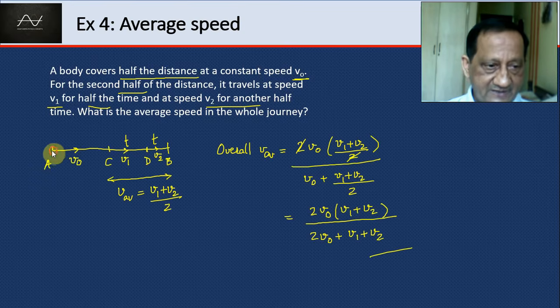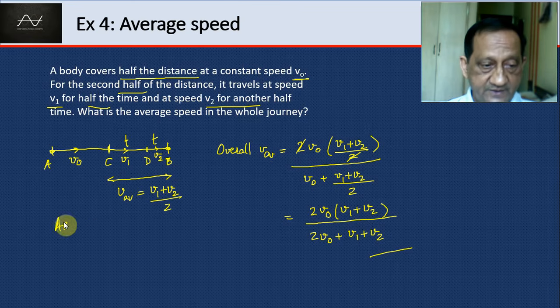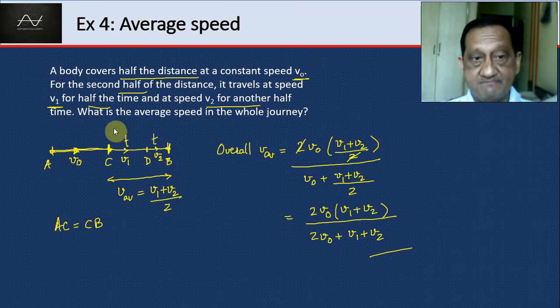The body starts from A and goes to B. For the first half distance, C is the midpoint, so that means AC is equal to CB. AC is the first half, and it goes at a constant speed of v naught. And CB is the second half, all right? In the second half, it goes at a speed v1 for half the time and v2 for the other half of the time.